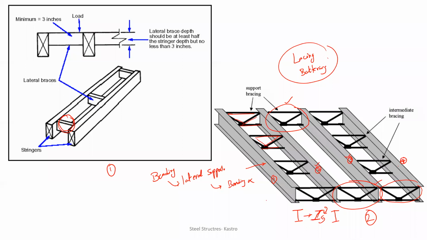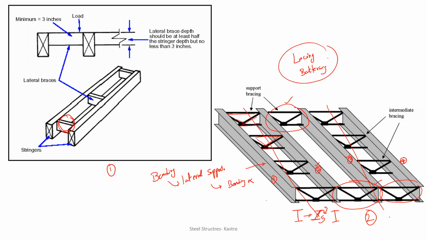Always remember, you're going to provide the supports at both the edges of the section as well as at the intermediate portions of the section. That is what we have done here in this figure, in the first and the last parts of the section. So this is all about the laterally supported beams.